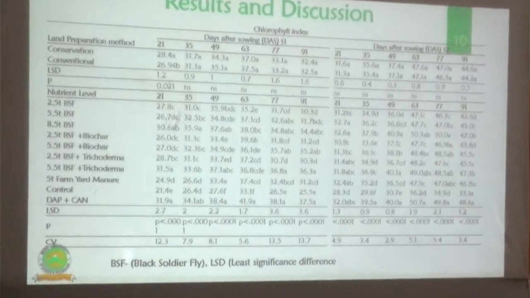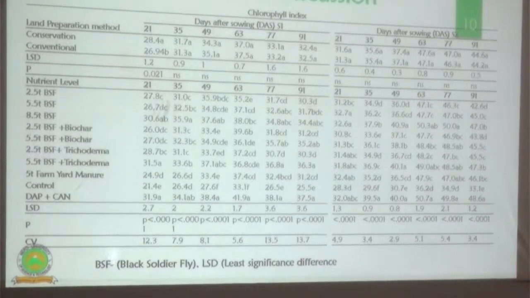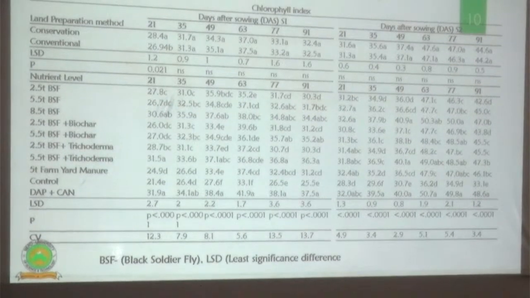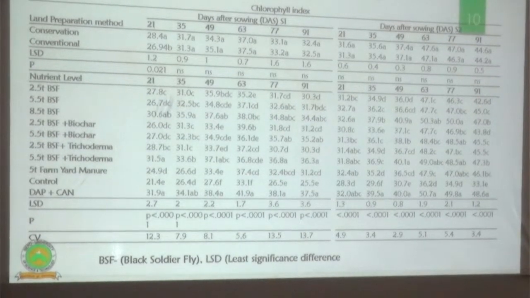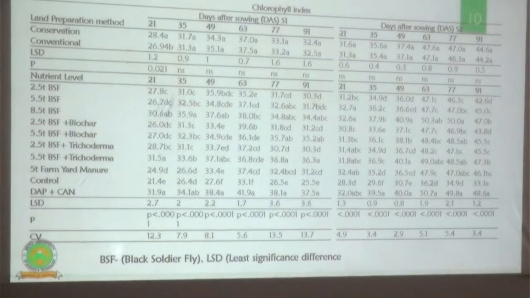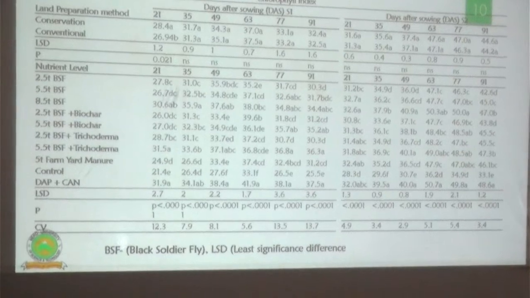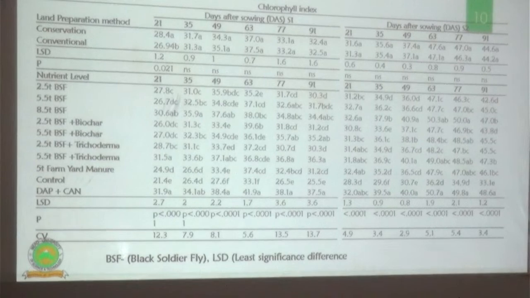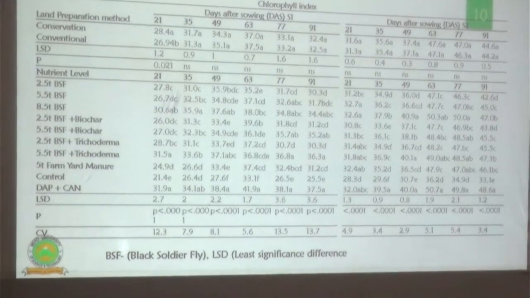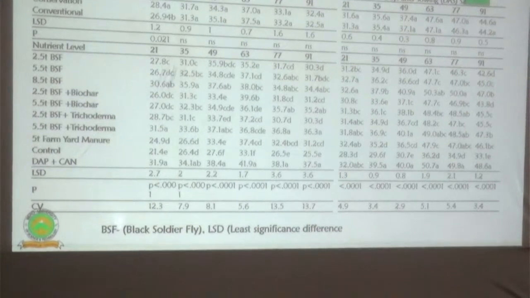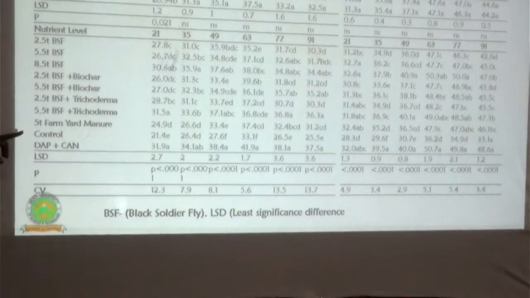The other one is the chlorophyll index. The conservational and conventional land preparation methods had no significant difference for the chlorophyll, but on the application of different rates of frass fertilizers, the one with 8.5 recorded the highest, followed by 5.5 plus trichoderma, followed by 5.5 PSF plus biochar, followed by 5.5, and the one which recorded the least was the control.